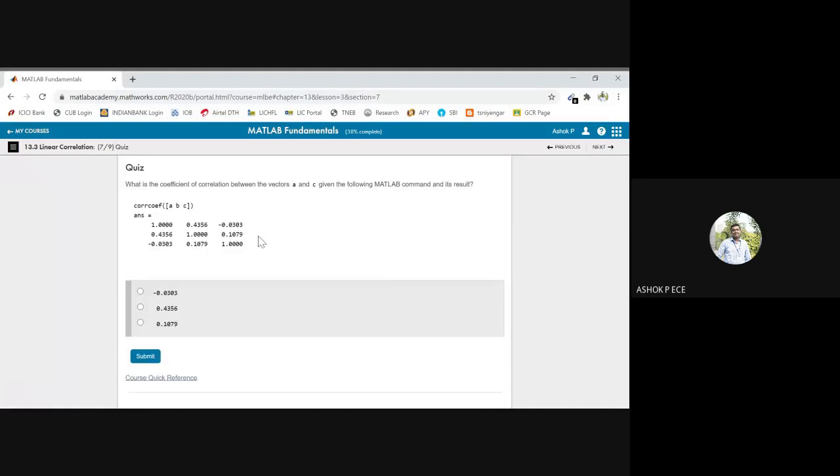One more quiz. See here. What is the correlation coefficient between the vectors A and C given the following MATLAB command and its result? So the correlation result is given. They are asking what is the correlation between the vectors A and C. The answer options are given.